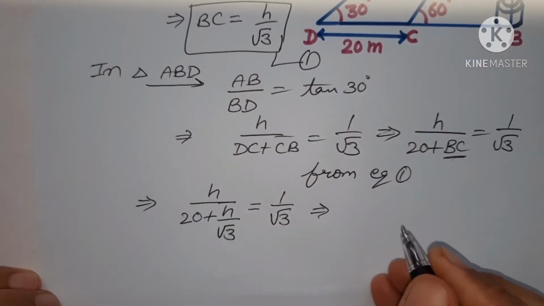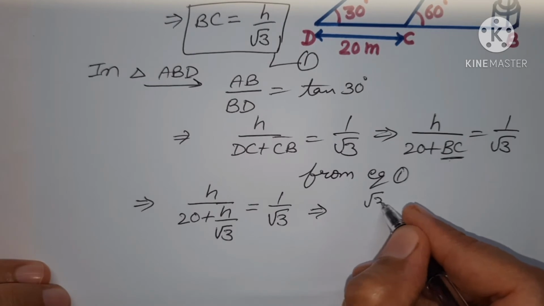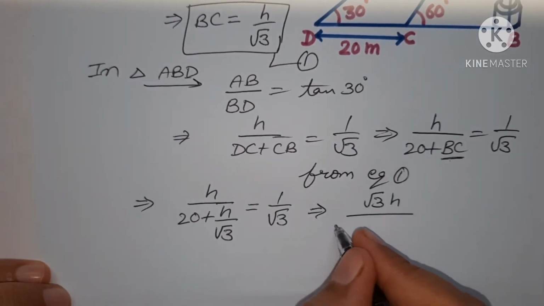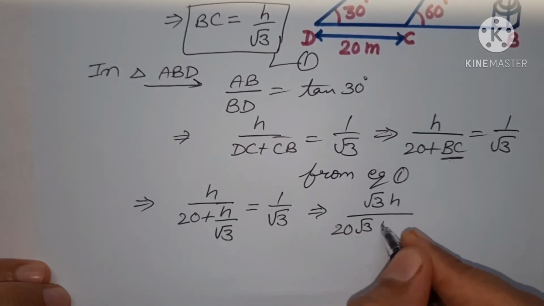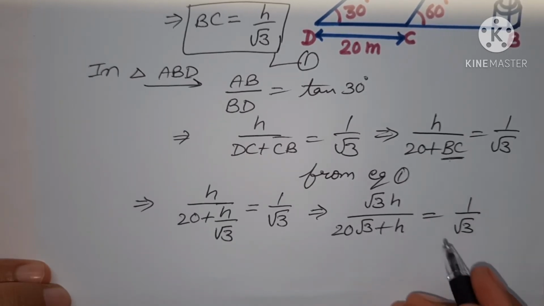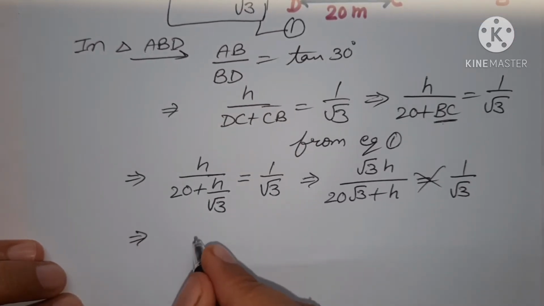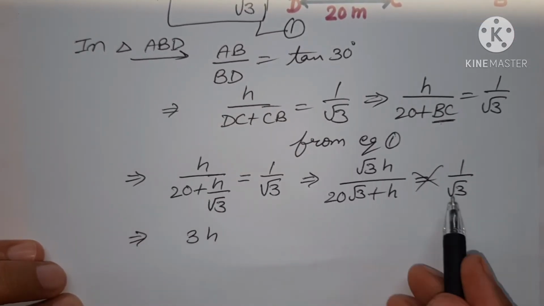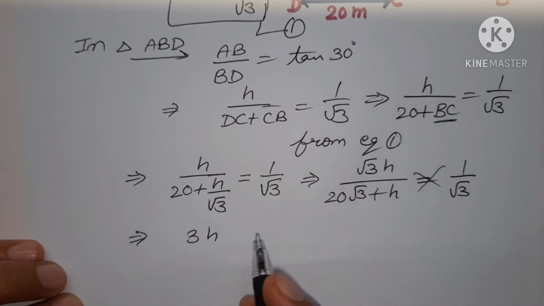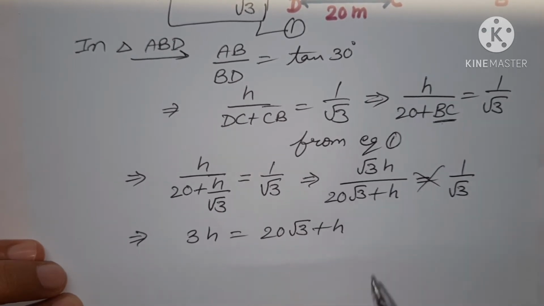When we solve it, it will be root 3 h upon 20 root 3 plus h is equal to 1 upon root 3. Now we will cross multiply it. So it will be 3h, root 3 times root 3 being 3, h is equal to 20 root 3 plus h.